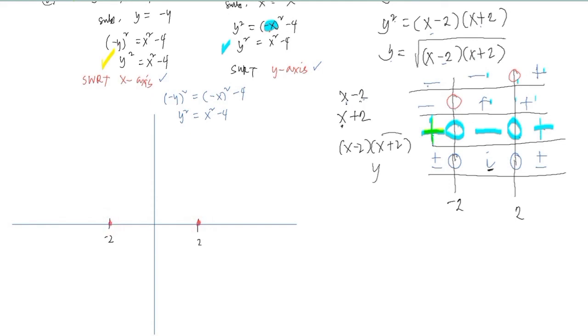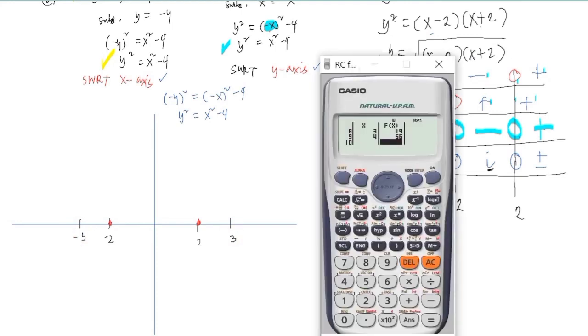Ngayon, since symmetrical siya with respect to the origin, at least, kumuha tayo ng isang point doon kay negative 3 at doon kay positive 3. Para naman magkaroon tayo ng idea kung ano yung value niya. So, tingnan natin.